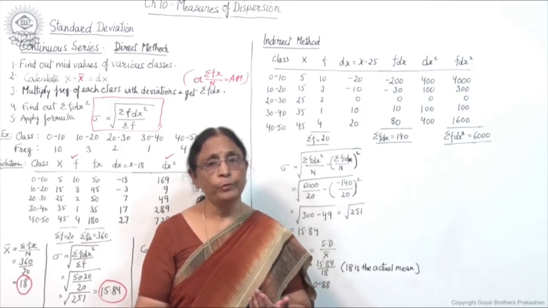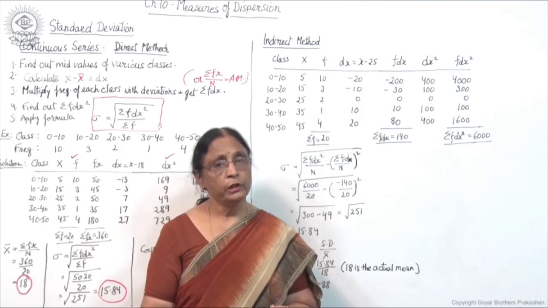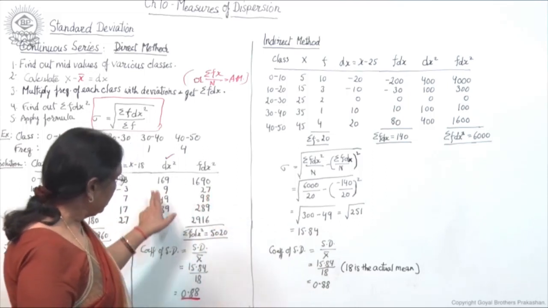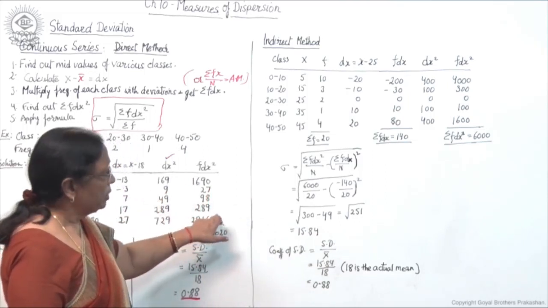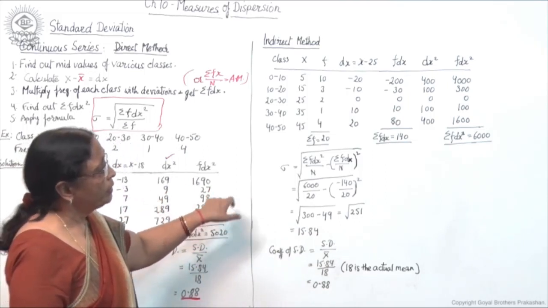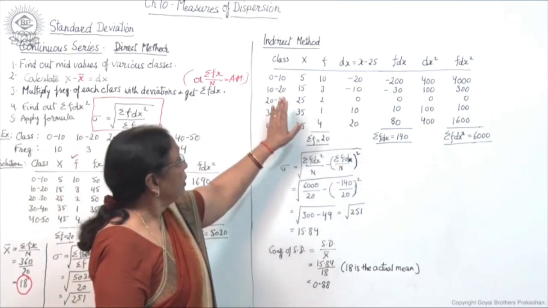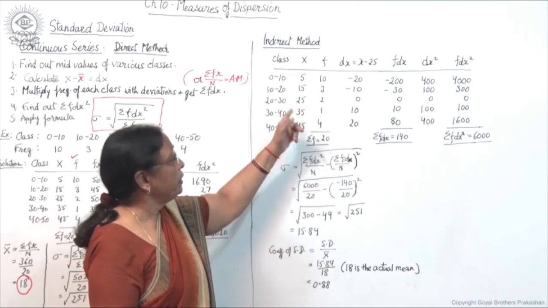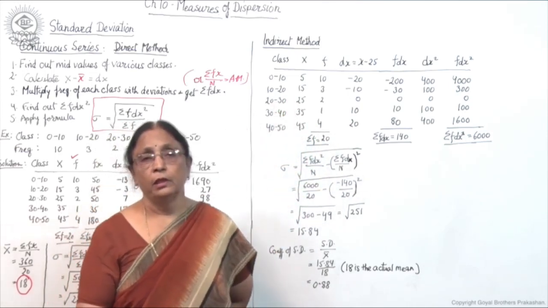Deviation is taken out from the assumed mean, not the direct mean. And in case figures are big, you know that here the figures were quite big, but not so big that it is difficult to calculate. But if figures are quite big and fx needs long calculation, then in that case normally we take the assumed mean.